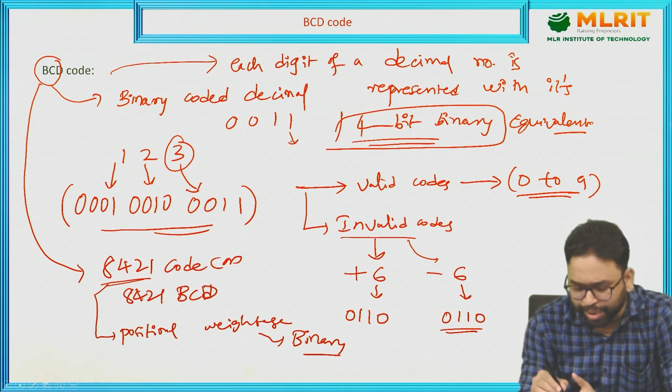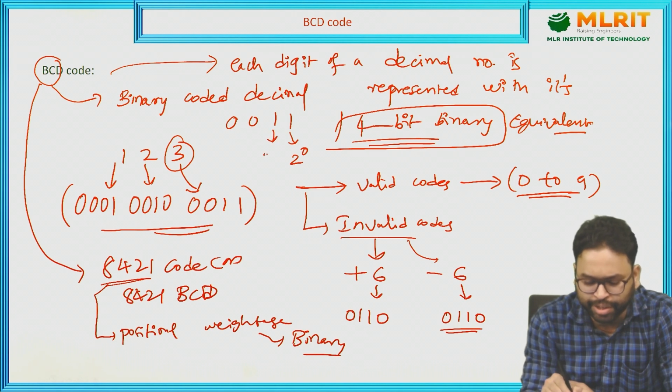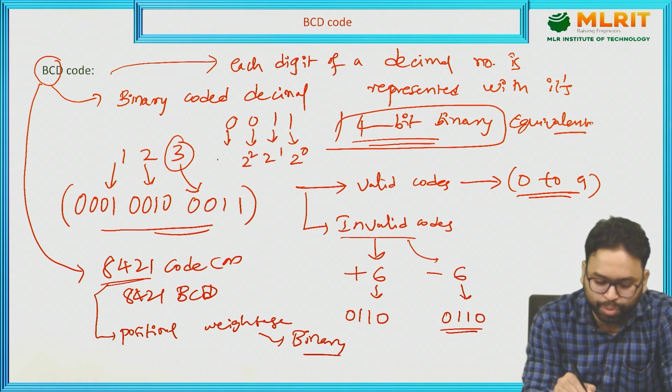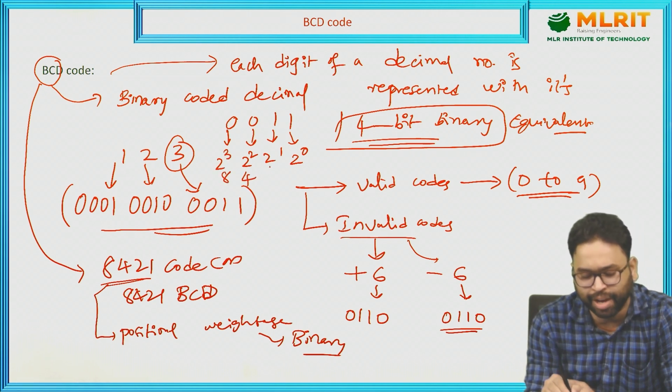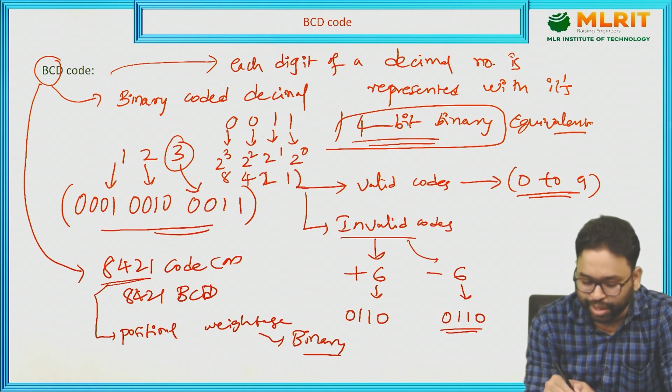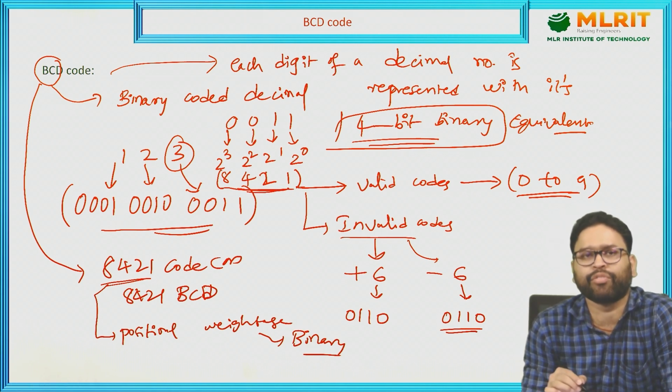As we are representing in terms of binary, the positional weightage is 2^0 generally. This positional weightage is 2^1, this one will be 2 square, and this one will be 2 cube. The value for 2 cube is 8, 2 square is 4, 2^1 is 2, and 2^0 is 1. Here you can observe why we are calling this specific BCD code 8421 code or 8421 BCD code.